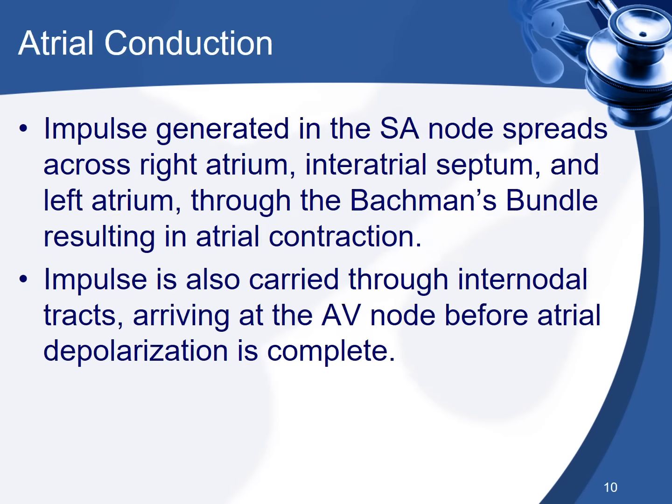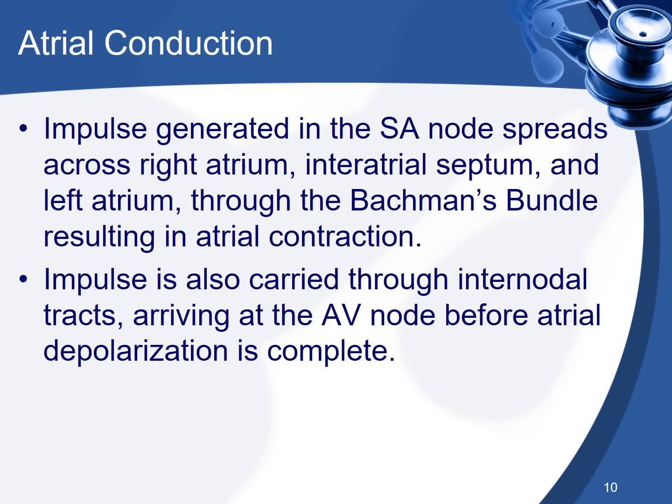So as the signal is generated in the SA node, it has to spread into the atria first, because remember, the atrial contraction always comes before the ventricular contraction. So it travels through the interatrial septum through some of the pathways, called Bachmann's bundle, and it starts in the right atrium, travels into the left atrium, and it causes the contraction of both atria.